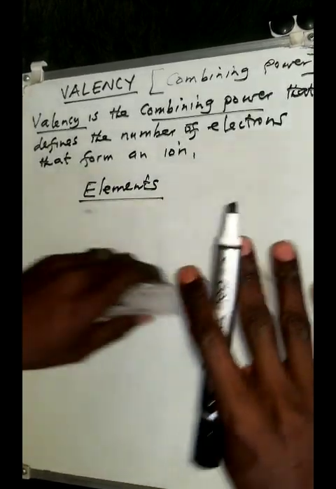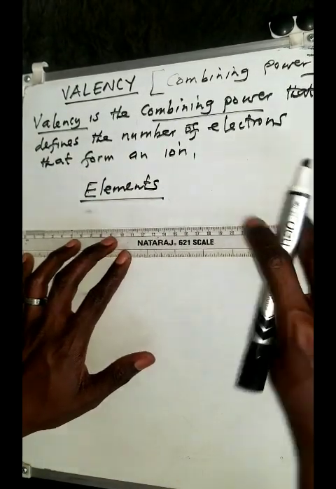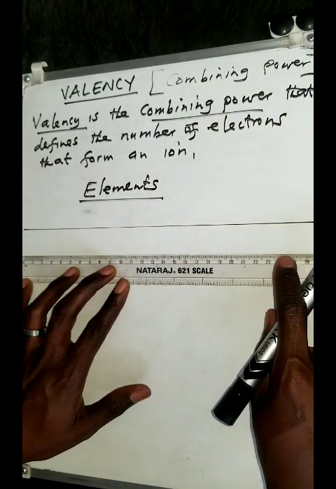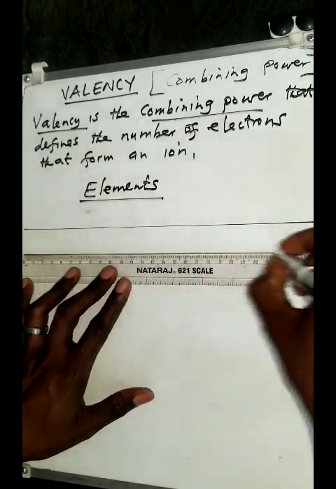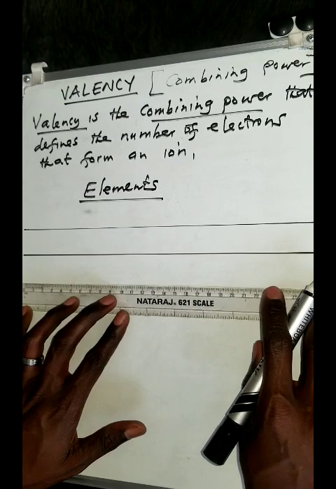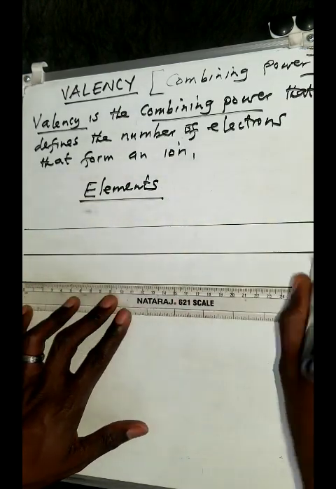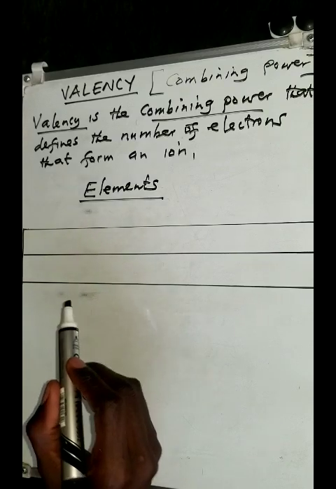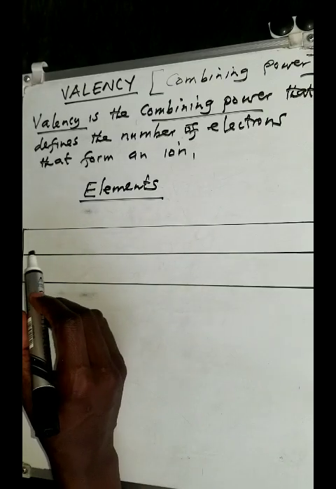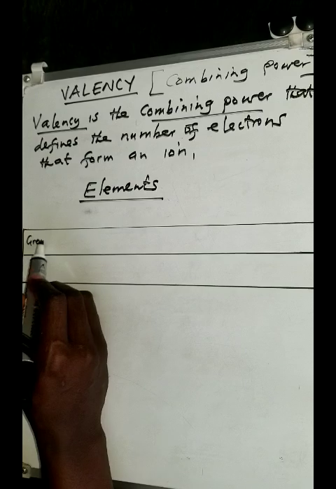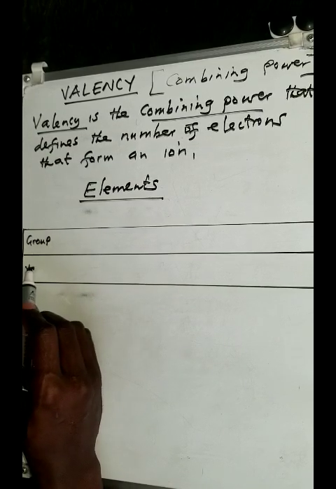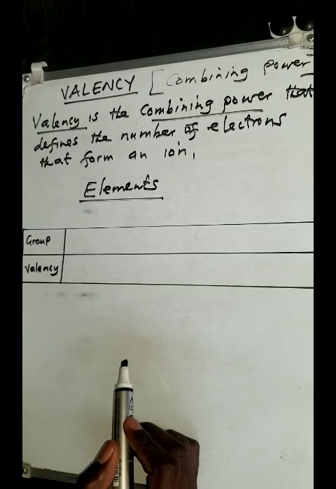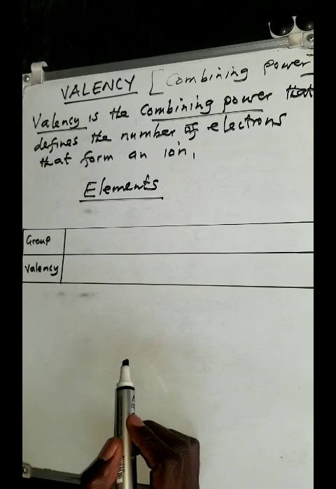When it comes to elements on the periodic table, you don't need to waste time. Remember, elements on the periodic table are categorized into groups, so you can easily tell the valency of a particular element. So from the periodic table, how can you tell the valency of a particular element?